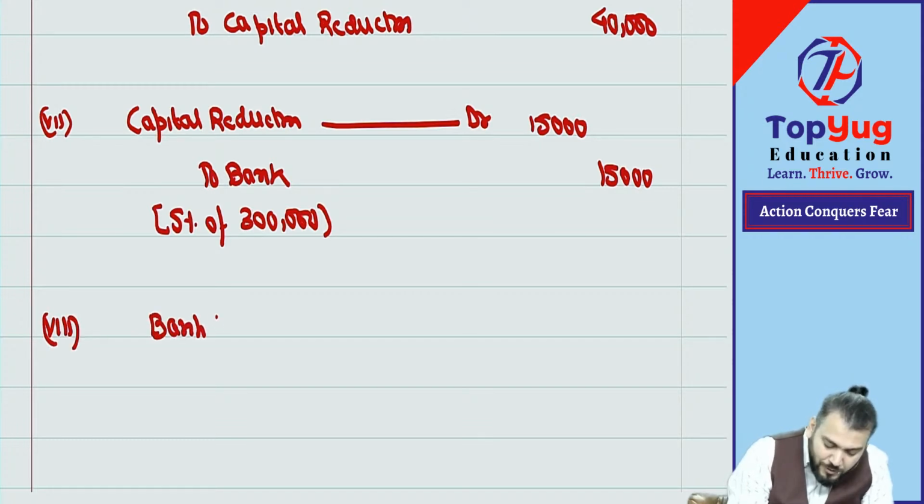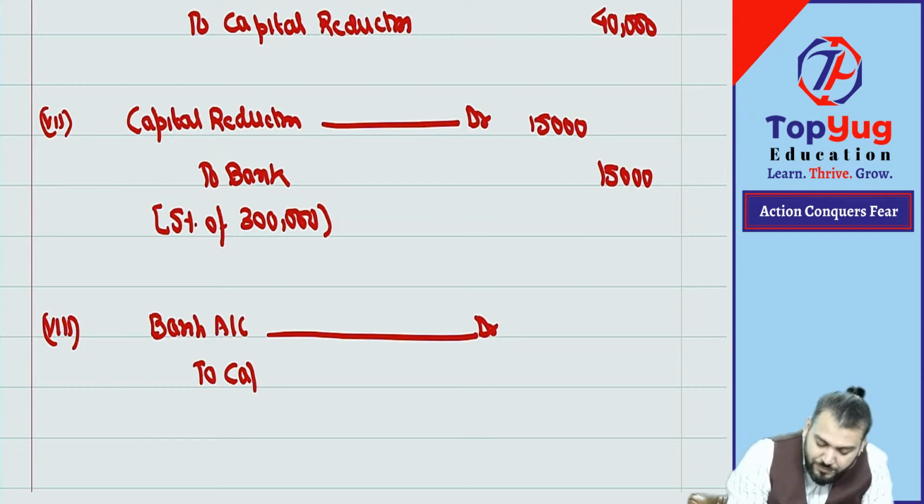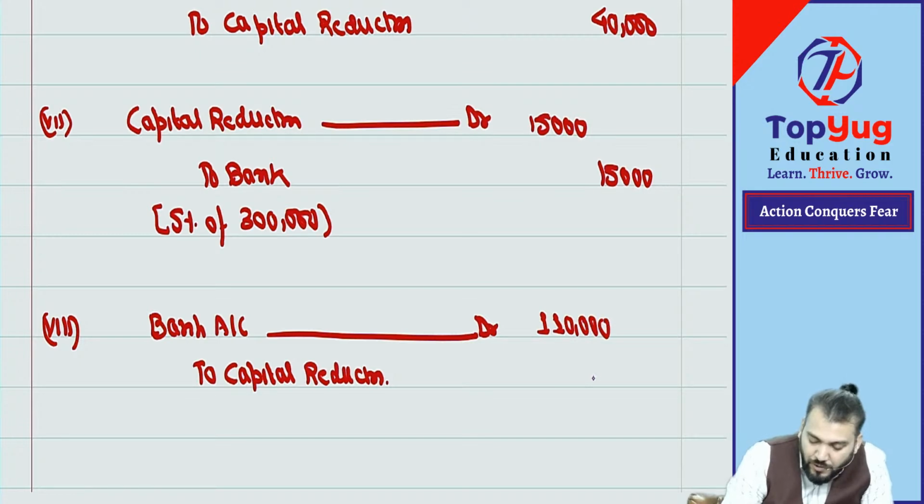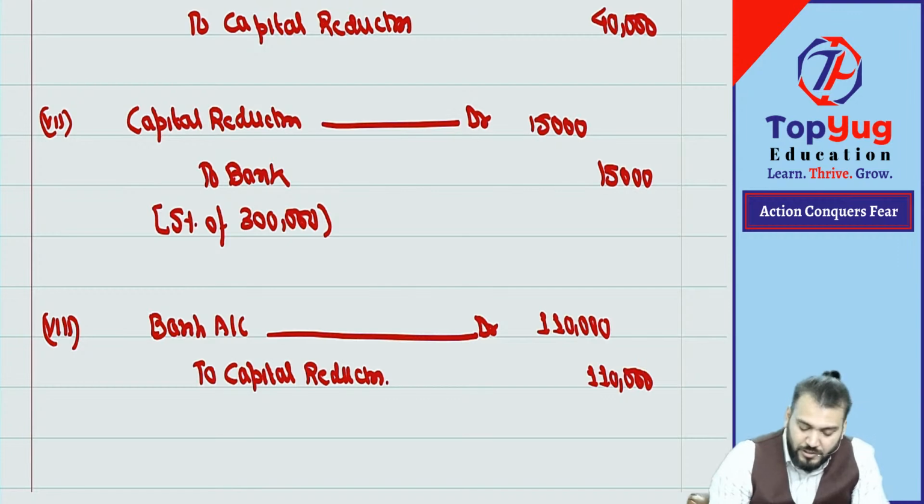So bank account debit to capital reduction account. How much amount? 1,10,000. Okay, sir. This also we have understood.